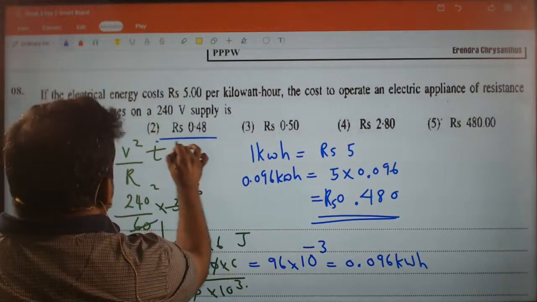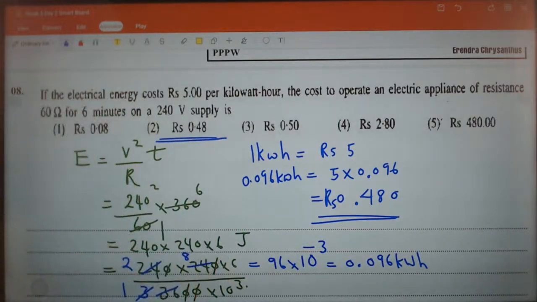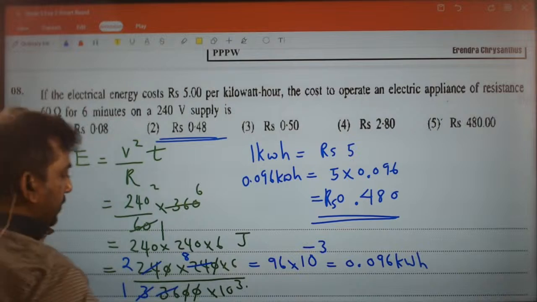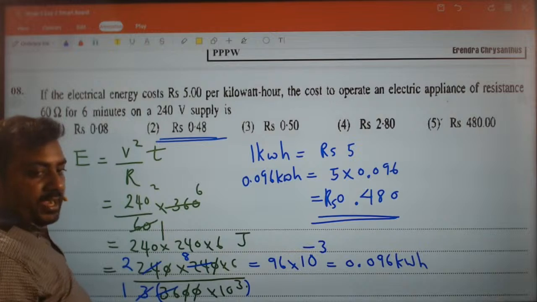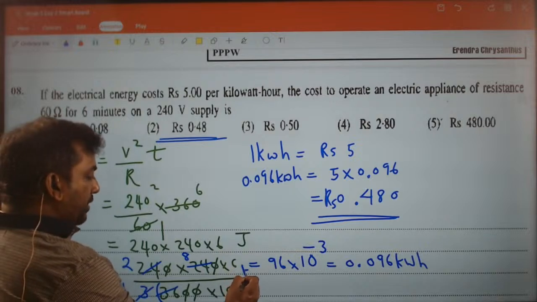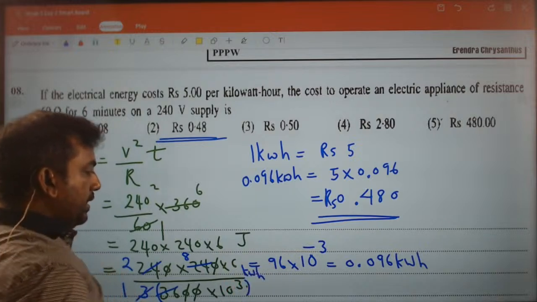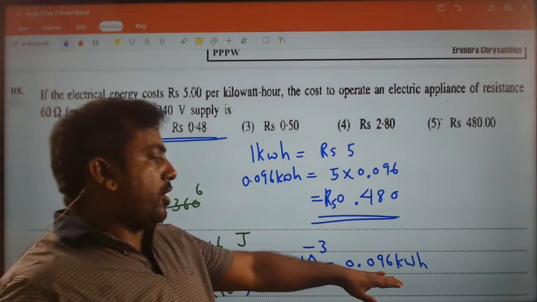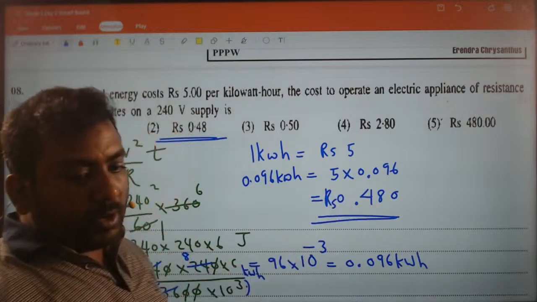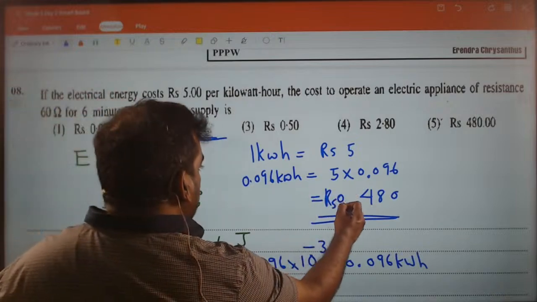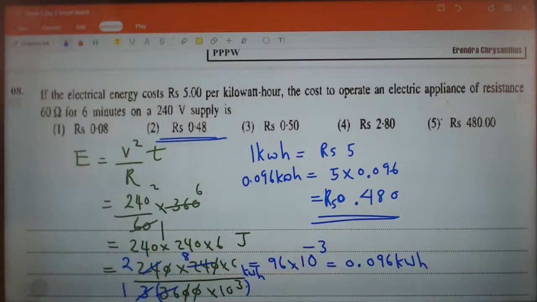Simple. So here joules I divide by 3600 times 10 to the power 3 to convert to kilowatt hour. So here the unit is kilowatt hour. 1 kilowatt hour is 5 rupees, so for this much how much? 0.48. Okay?